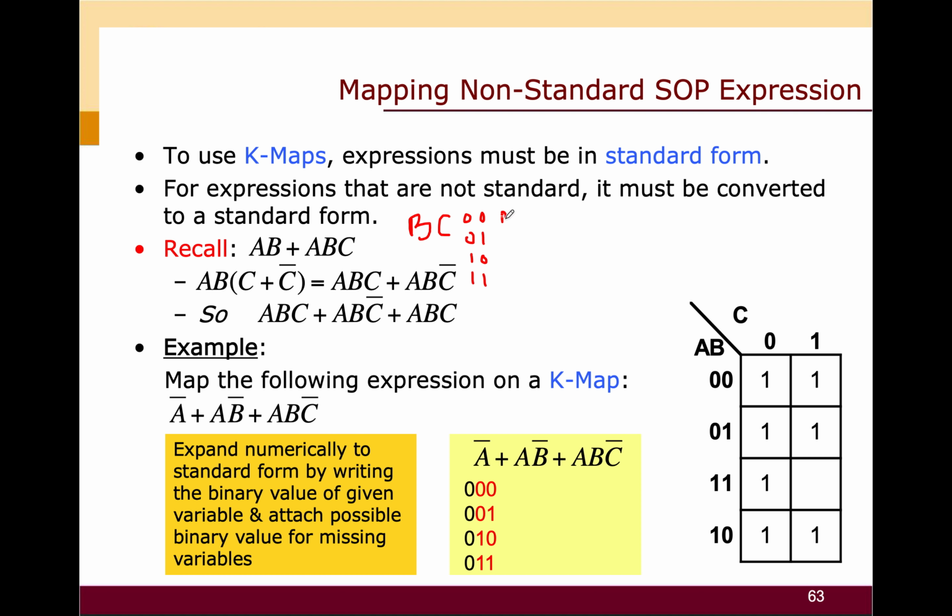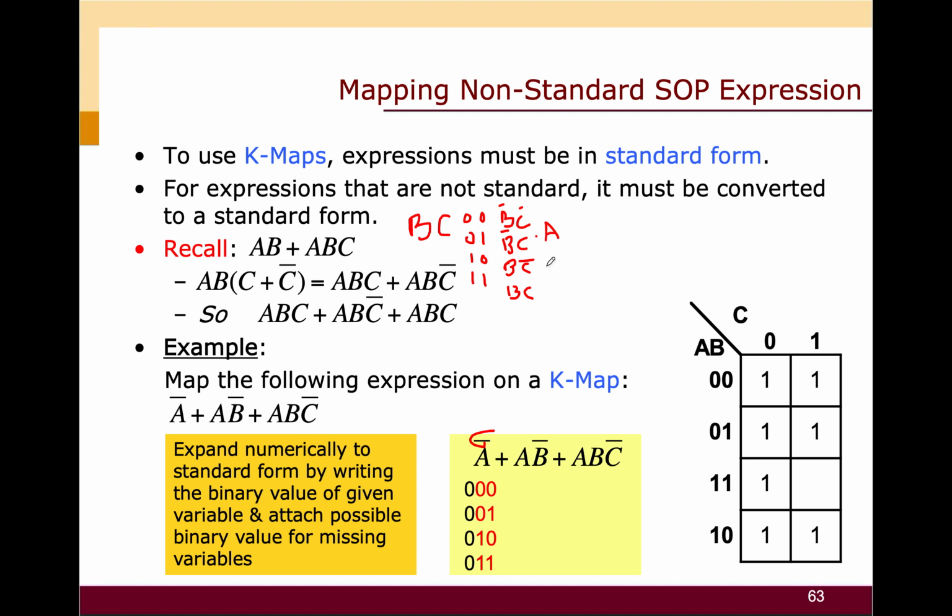Or B bar C bar, B bar C, B C bar, B C. So these are the possibilities, and then all of these will multiply with A bar.